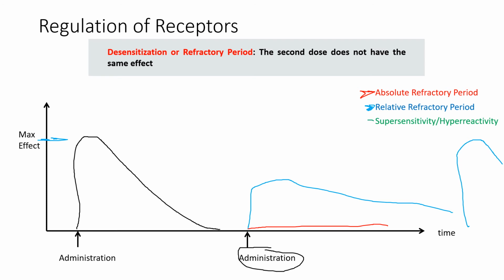And then there's going to be hypersensitivity and hyperreactivity, where the subsequent dose is greater than the initial effect. You'll actually see this a lot in IgG levels after the second vaccine dose, when you have a booster of vaccines. So these are different ways that receptors can affect the max effect after the first administration.